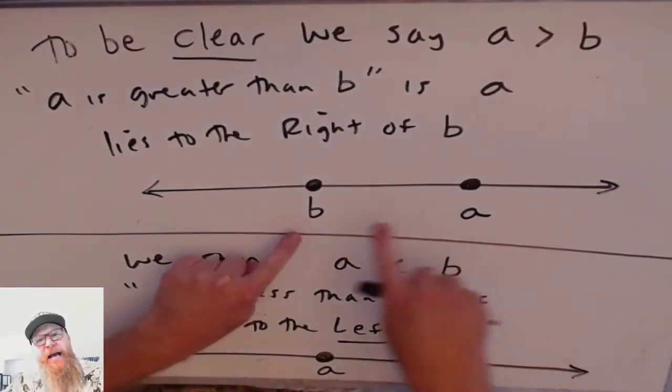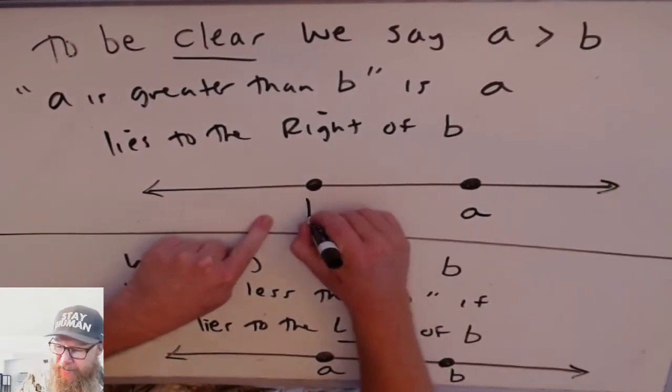If A lies on the right and B lies on the left, we say that A is greater.